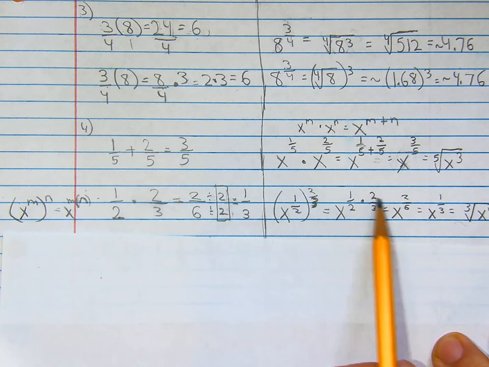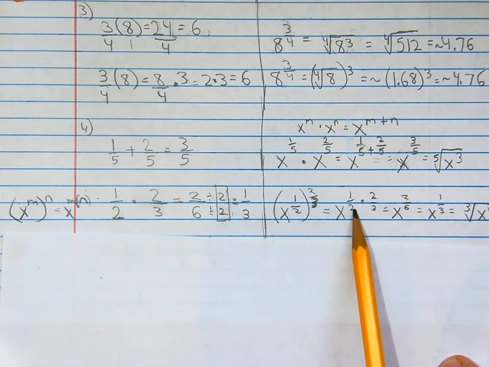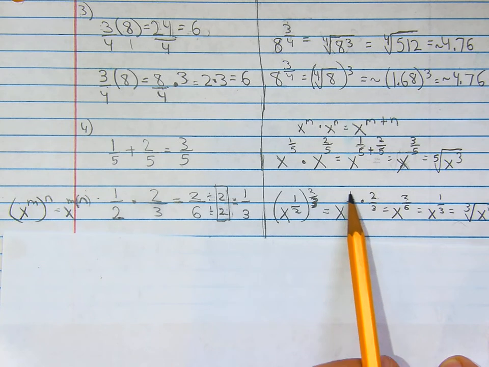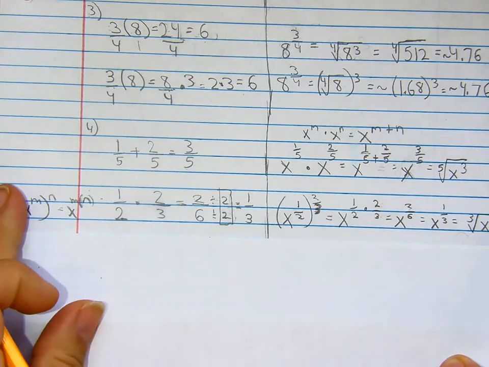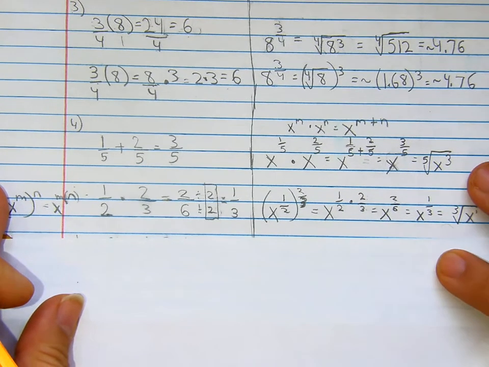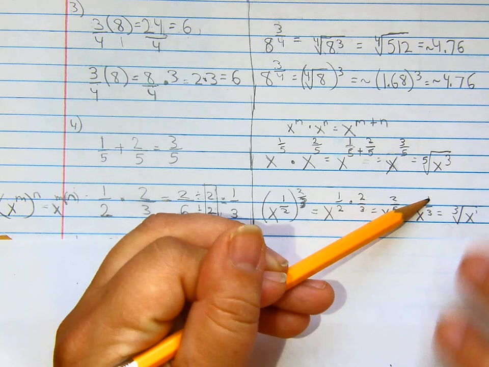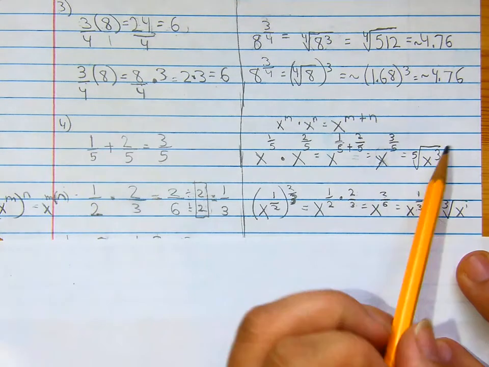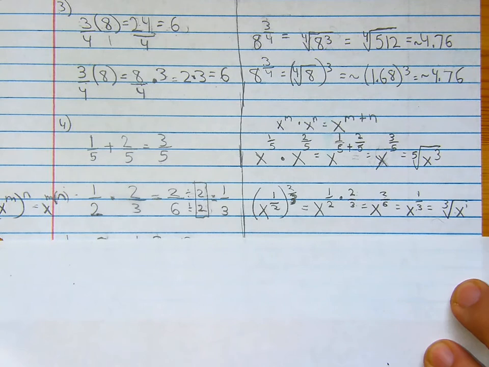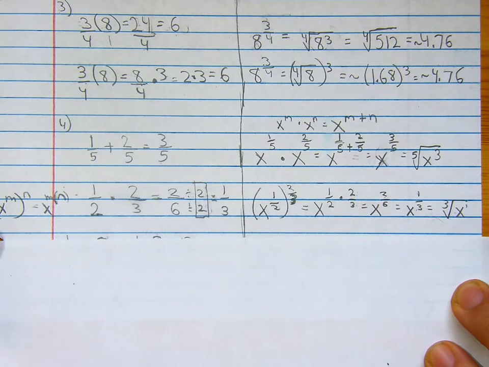I'm still going to multiply my numerators, and multiply my denominators. I get my rational exponent, which again can simplify exactly like over here down to 1/3, which if I'm being asked to write it as a radical, I can rewrite it as x raised to the power of 1 rooted by 3, and I'm done.